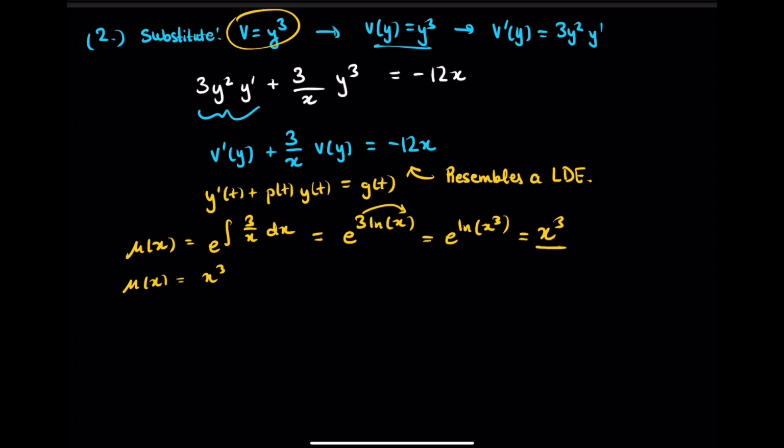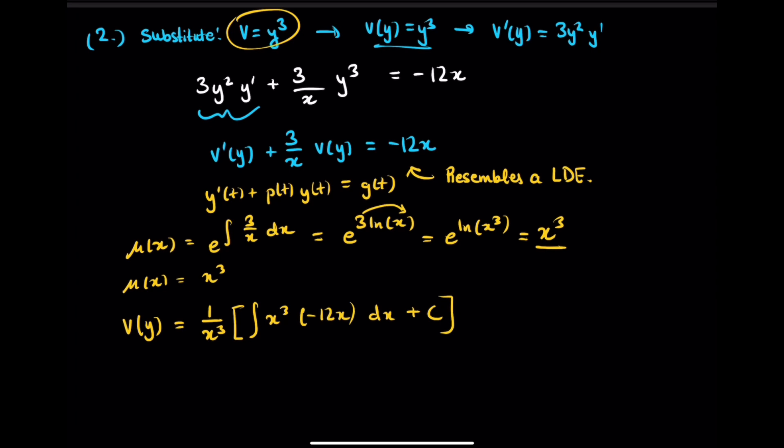And so then your final answer is not y(t), it's v(y), because that's the unknown function. v(y) equals 1 over mu, which is x cubed, times the integral of mu times g(x), in this case minus 12x, dx plus c.